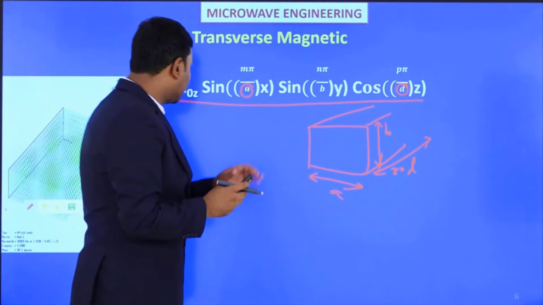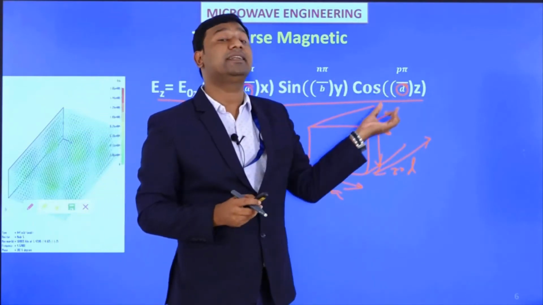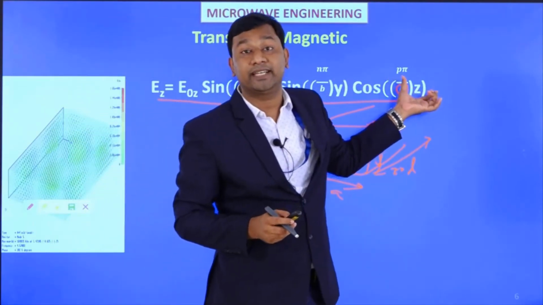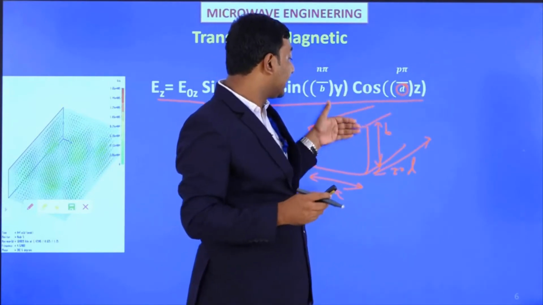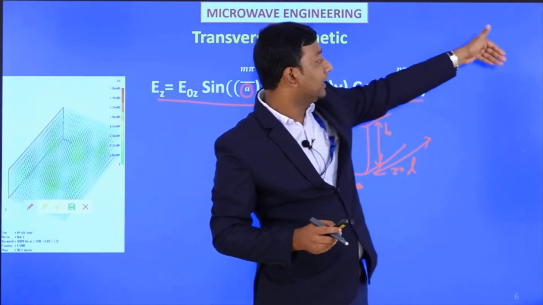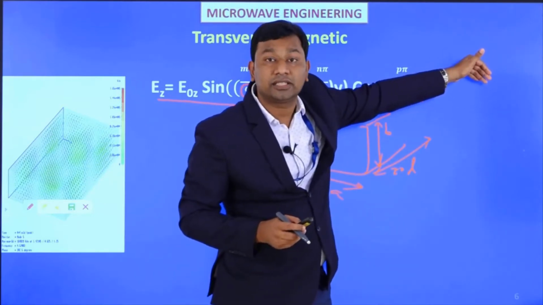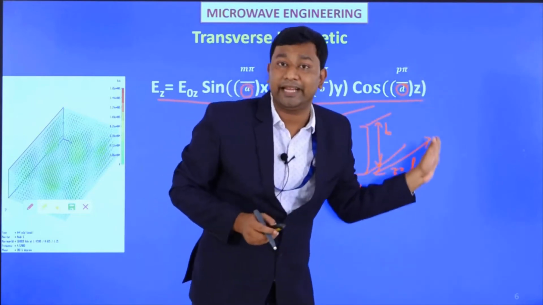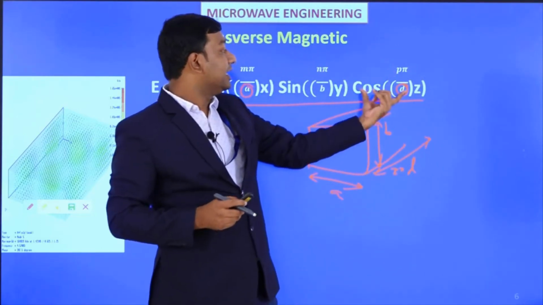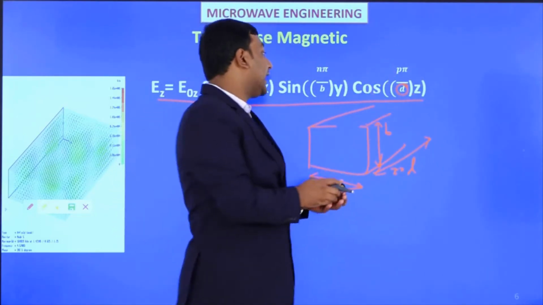In the earlier case there was the term e to the power minus j beta z, because we were considering a traveling wave traveling in a rectangular waveguide from this point to infinite length. But now the length is finite, and after that a metal plate is used. So whenever we use the boundary condition, we get this value.